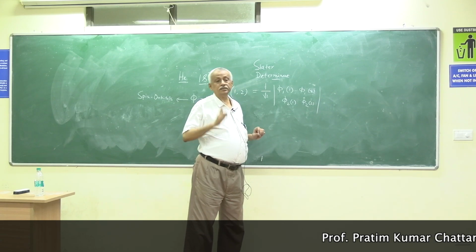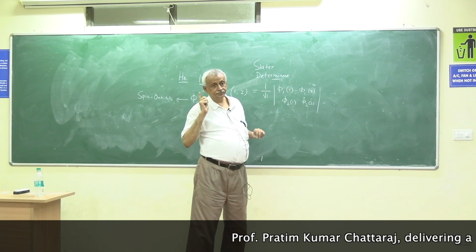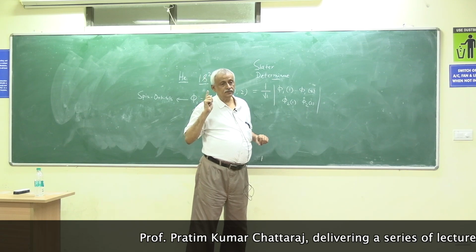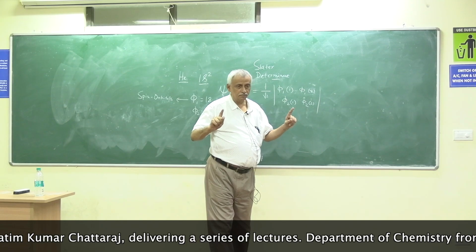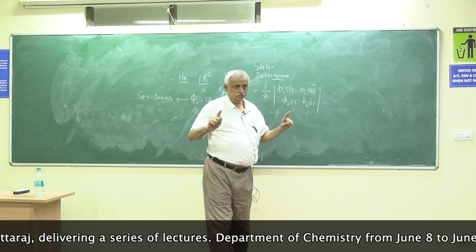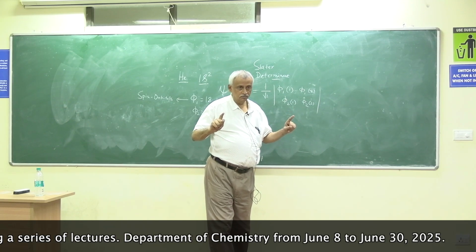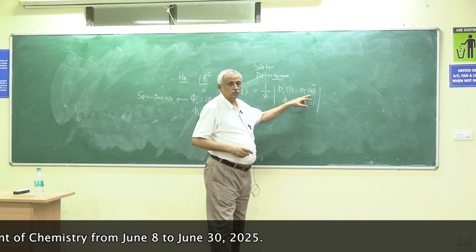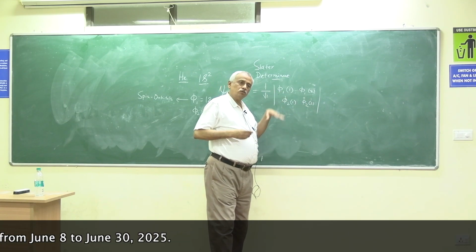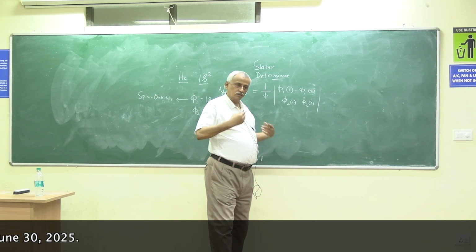Now, what is Pauli's exclusion principle? Pauli's exclusion principle is no two electrons can have all four quantum numbers same. Okay. So suppose if I want to say that electron 2 is also in phi 1, electron 1 is also in phi 1.